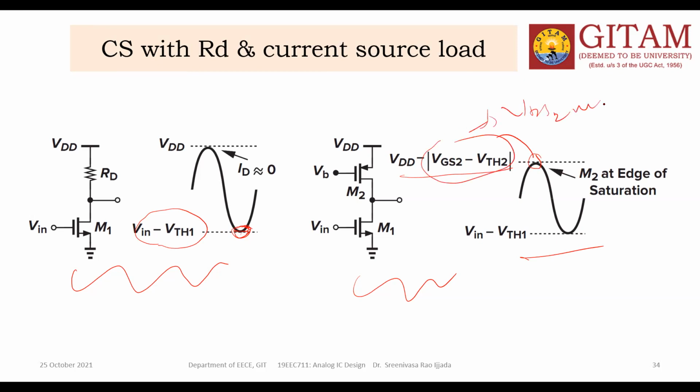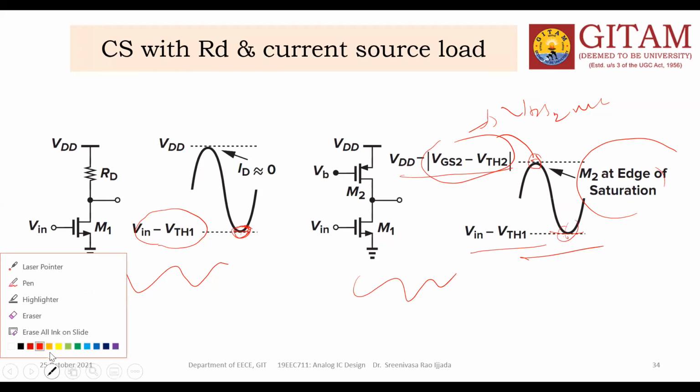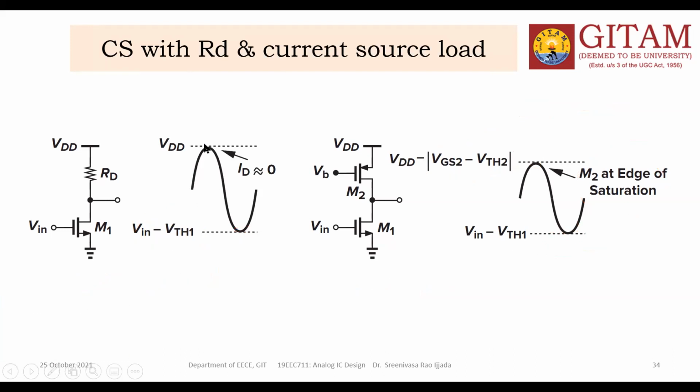So M2 is at the edge of saturation. And at this point, the voltage is Vin minus VTH1. See the difference between these two. Here you get the full VDD, and here somewhat less, but here both points are limited by some value.